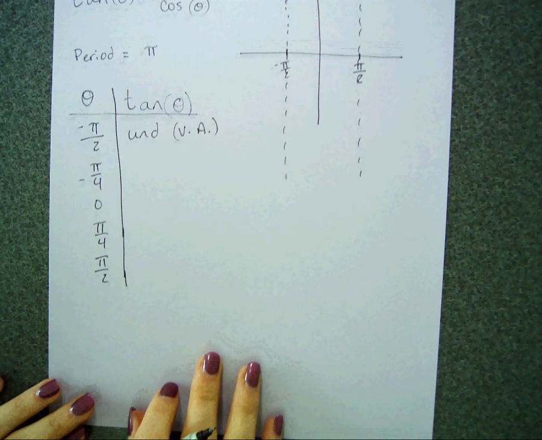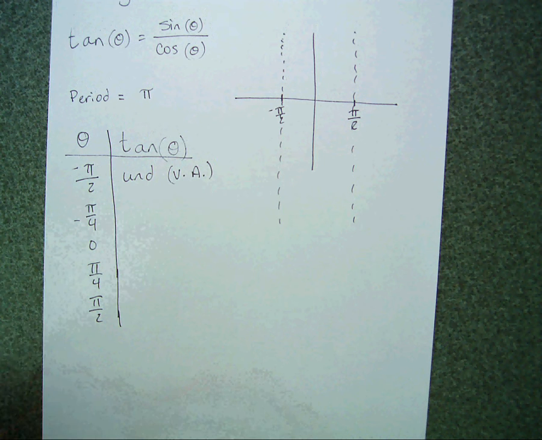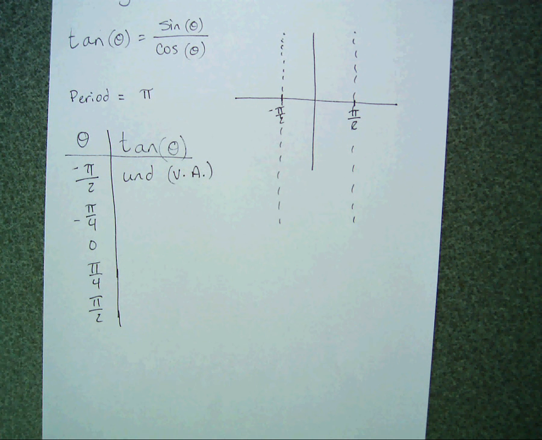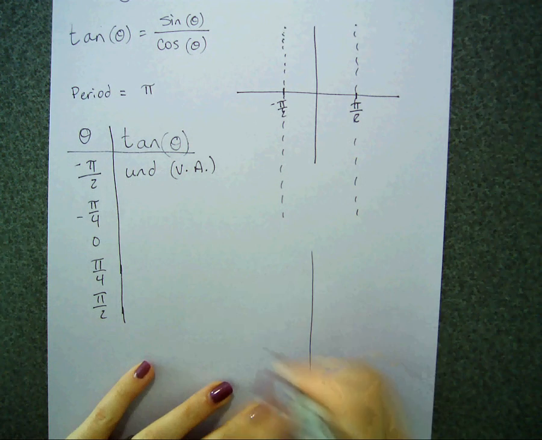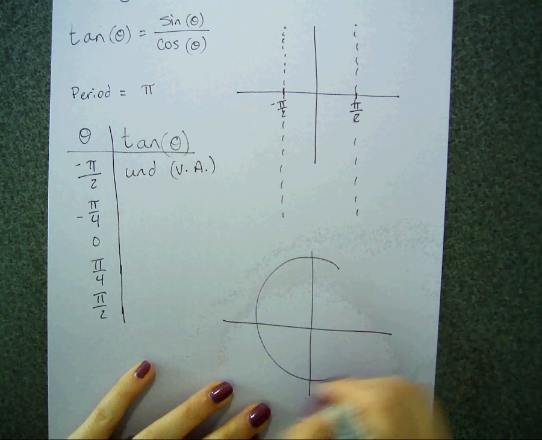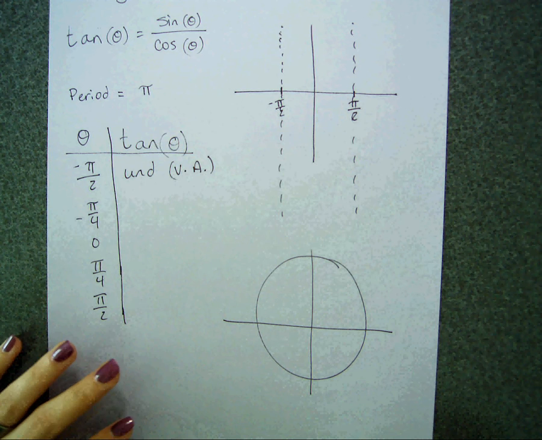So at negative pi over 4, think about where this is on your unit circle. What quadrant am I in at negative pi over 4? You're all guessing. How about you look at your unit circle? I'm going to draw it right here. Here's my unit circle. For negative pi over 4, I'm going clockwise pi over 4.